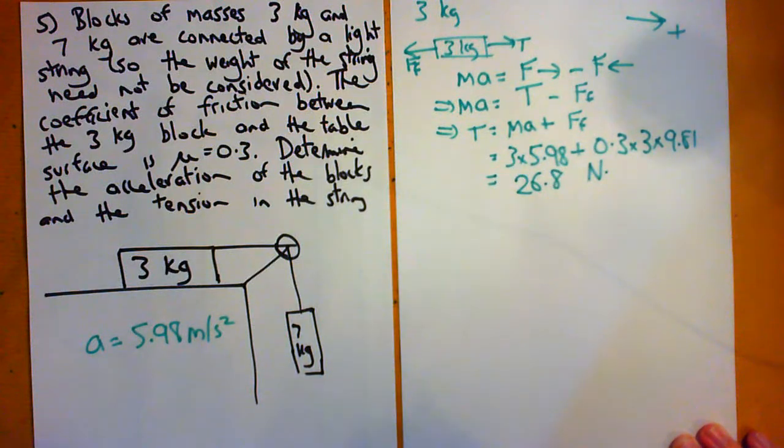Now, if we consider the forces that are only acting on the 7 kilogram mass, we should reach the same conclusion, a tension of 26.8 newtons.